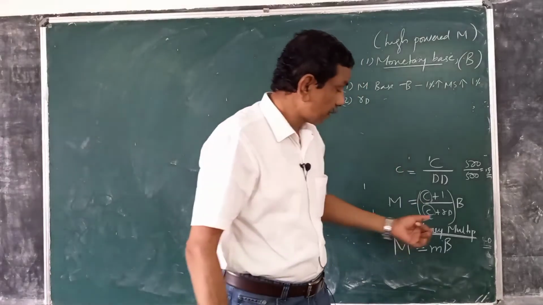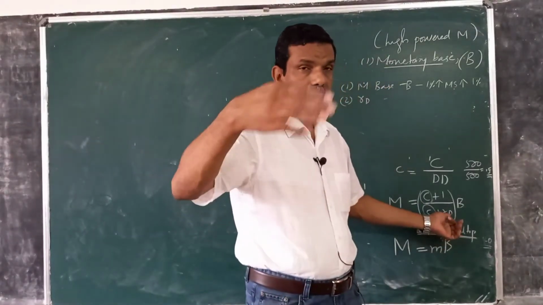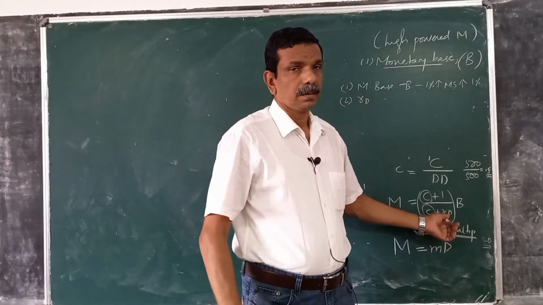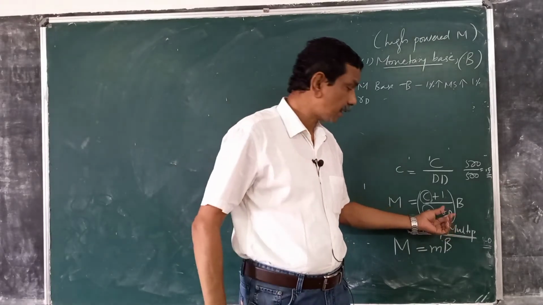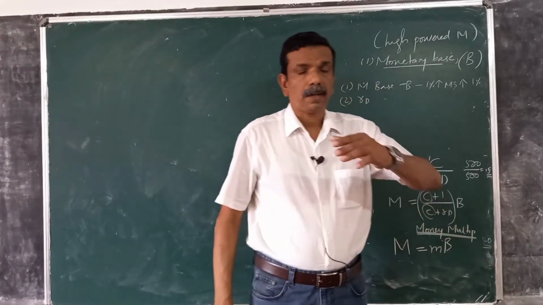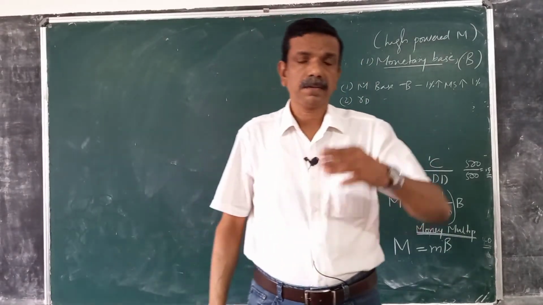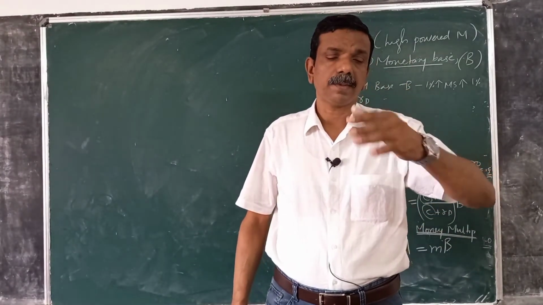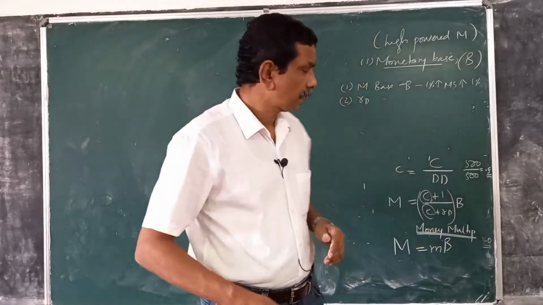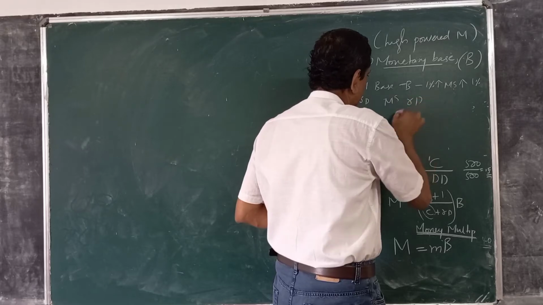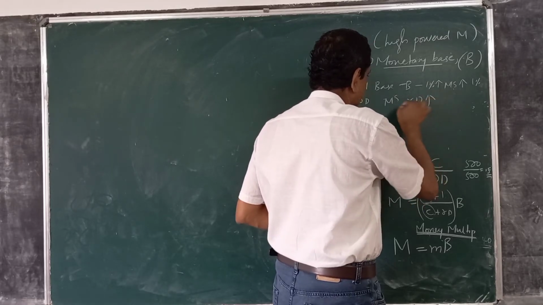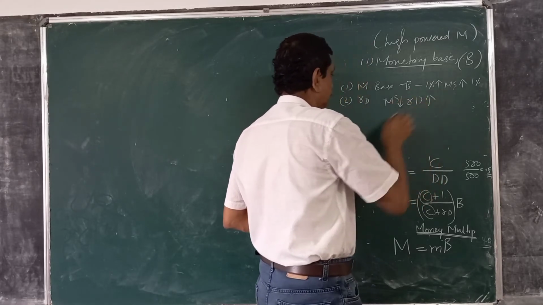So a reduction in RD increases the money multiplier and increases the value of money supply, and vice versa. If RD decreases, money supply increases. If RD increases, money supply decreases.